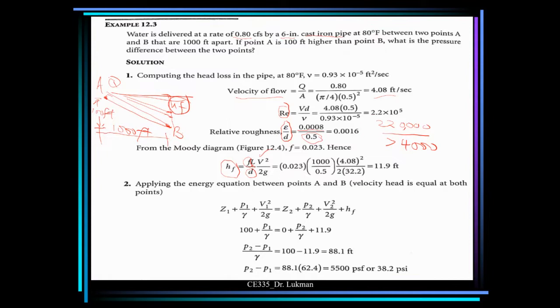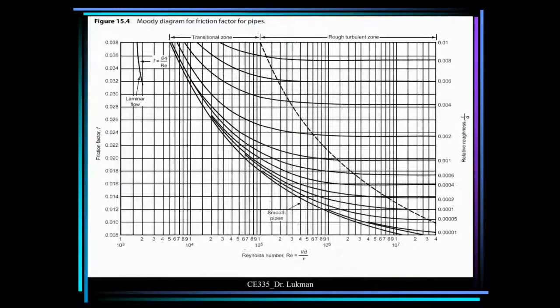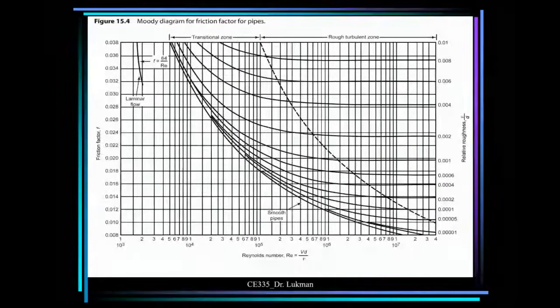For this Reynolds number at this relative roughness 0.0016, what is the value? 0.0016.